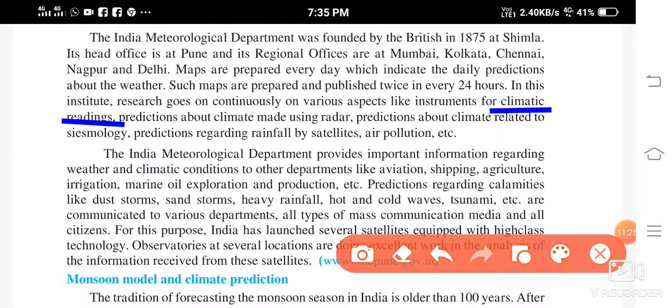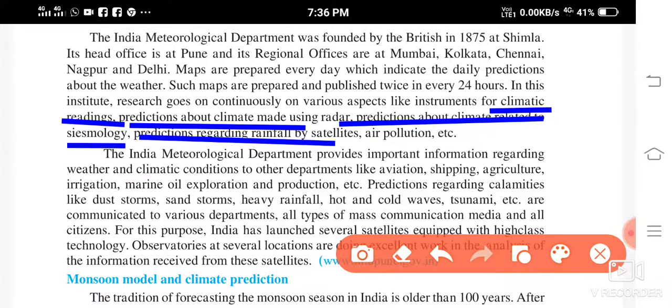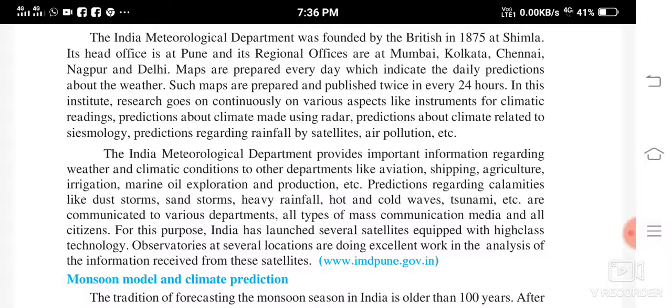Then they are predicting the climate, how? By using radars. Then predictions about climate related to seismology. Predictions regarding rainfall are also done. You know the weather satellites are launched, isn't it? With the help of these satellites, predictions are made about rainfall, air pollution, etc.